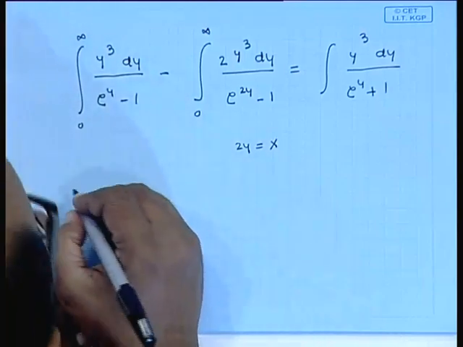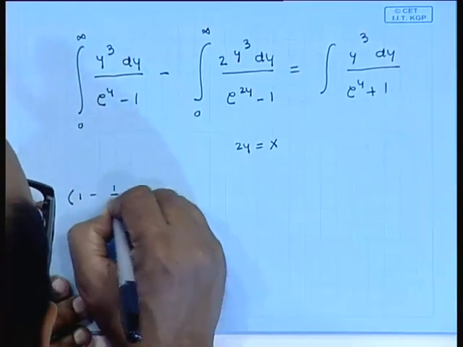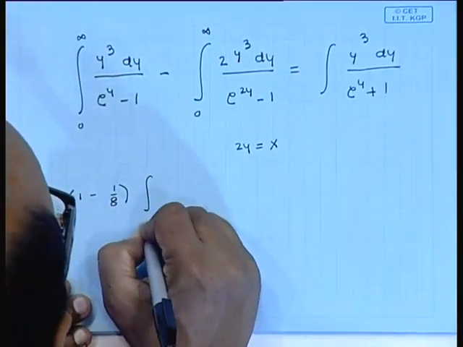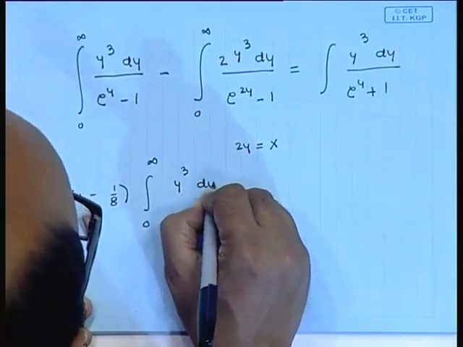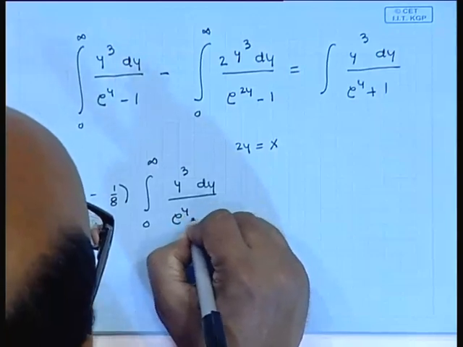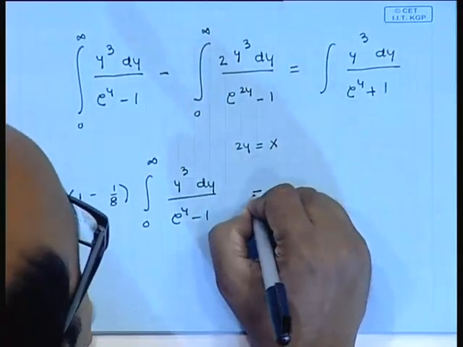So, this is actually 1 minus 1/8 times the integral 0 to infinity y cube dy over e to the power y minus 1, the right hand side.